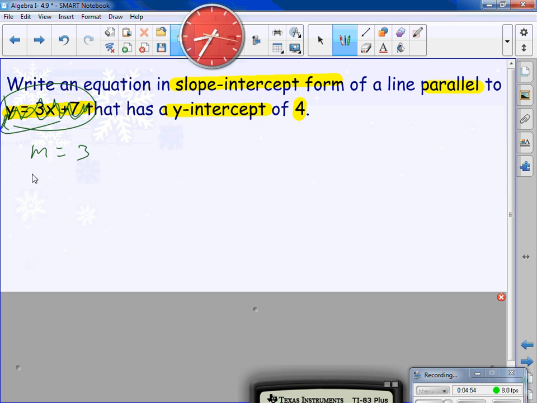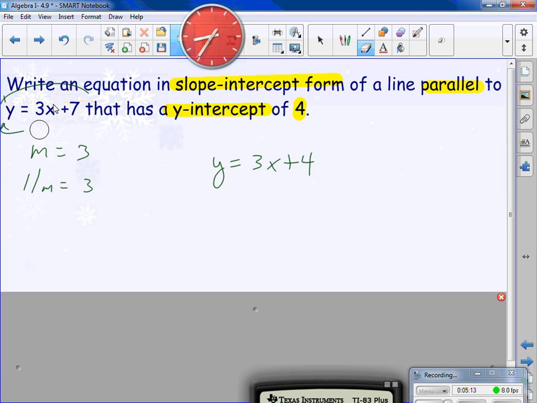What's my parallel slope? 3. I have my slope and I have my y-intercept. I don't need to really do any more work except write y equals 3x plus 4. This one here is parallel to this one here. That's your answer.